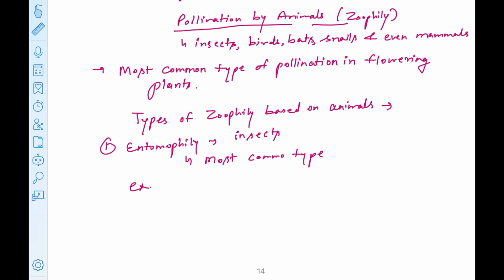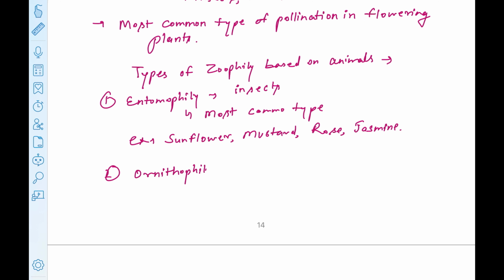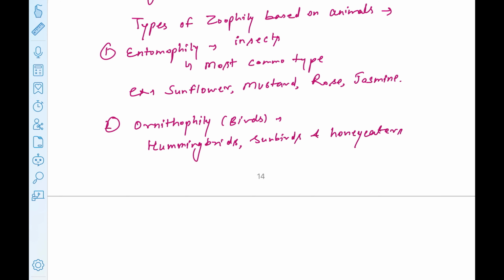Okay, examples include sunflower, mustard, rose, jasmine. Second one is ornithophily, pollination by birds. So birds like hummingbirds, songbirds, and honey eaters transfer pollen. And their flowers are brightly colored, tubular, and produce lots of nectar.